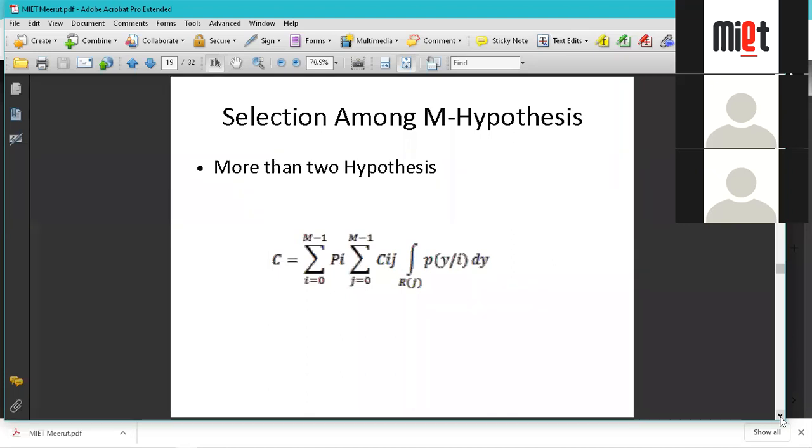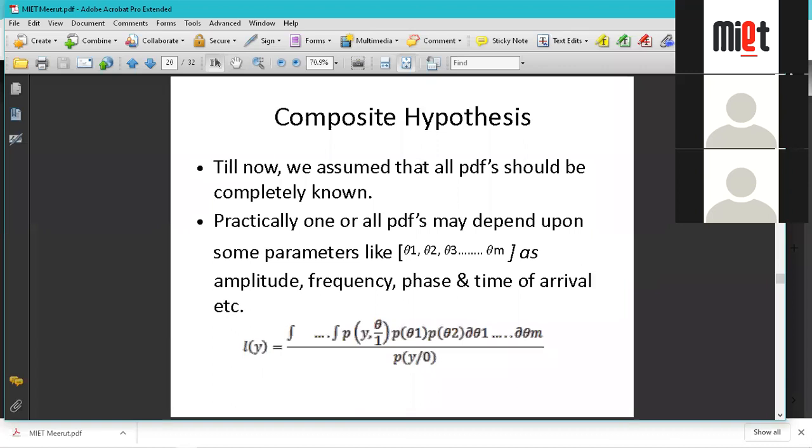The second new technique is, why not increase the number of hypotheses? In each slide, I'm trying to give you a glimpse of a new technique because the time is short. That's why I reduced those slides.